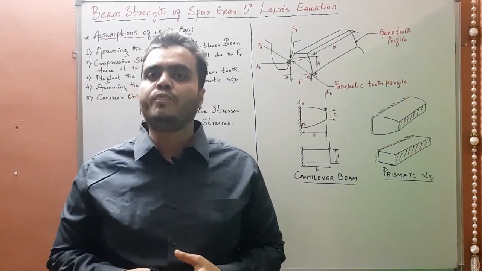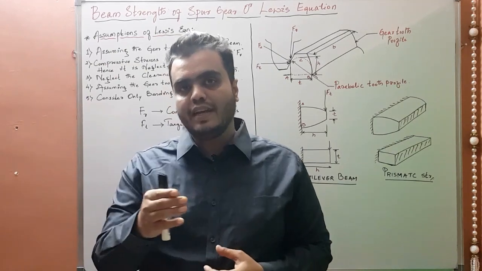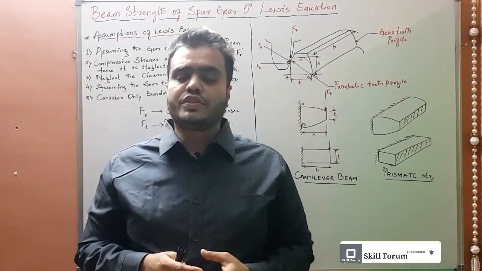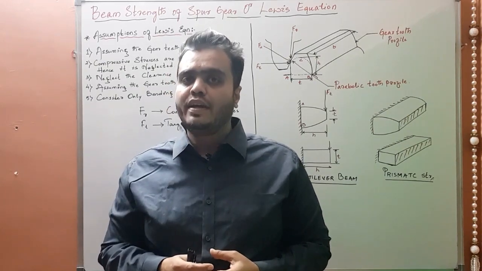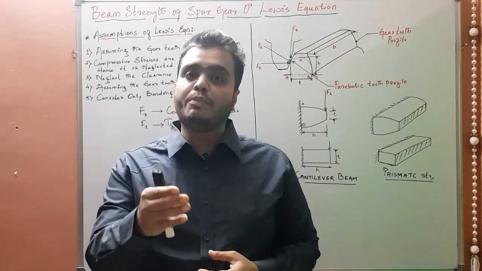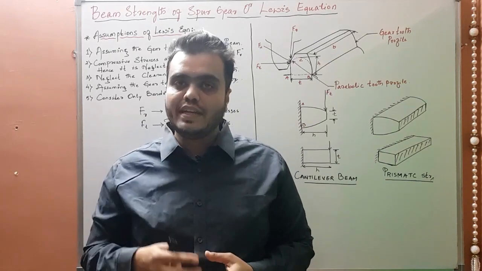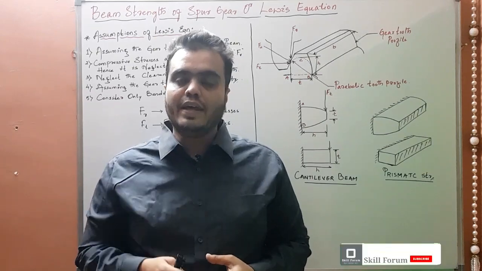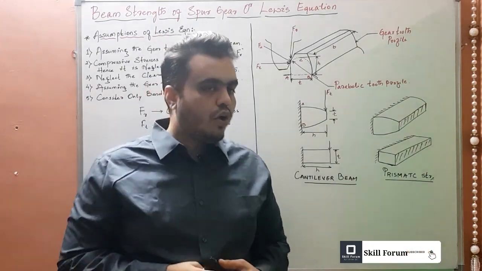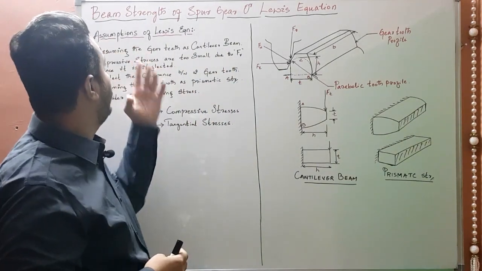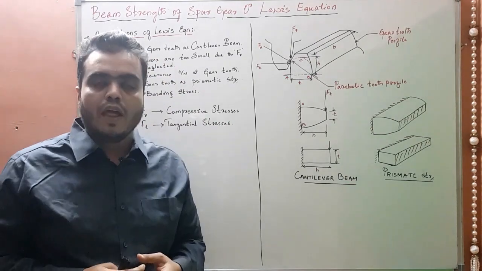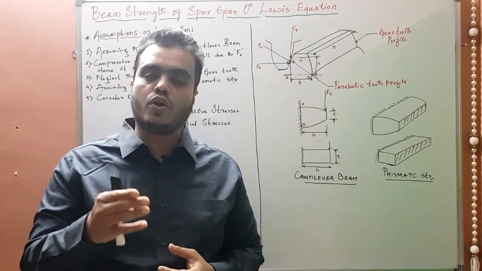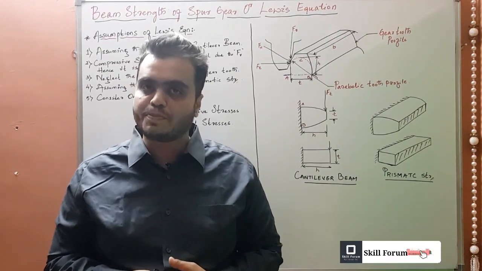One is the strength of the gear, then the strength of the surface of the gear, and then the dynamic strength of the gear. These three design considerations we need to analyze to design a spur gear. In this video we will start from the beam strength. Here Lewis has done some analysis to solve the beam strength of a spur gear.